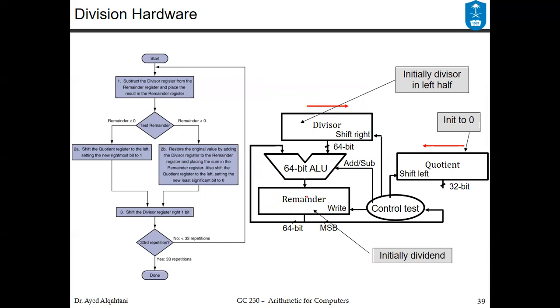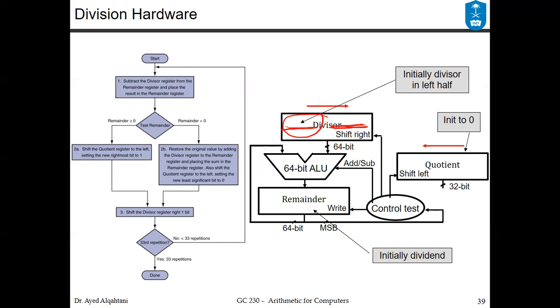To understand this better, you should know at the beginning, we put the divisor in the left half. So we put the divisor here in the left half. This is 64 bits. We put 32 bits of the divisor here, and we zero out the right side. It's the opposite of the multiplicand.